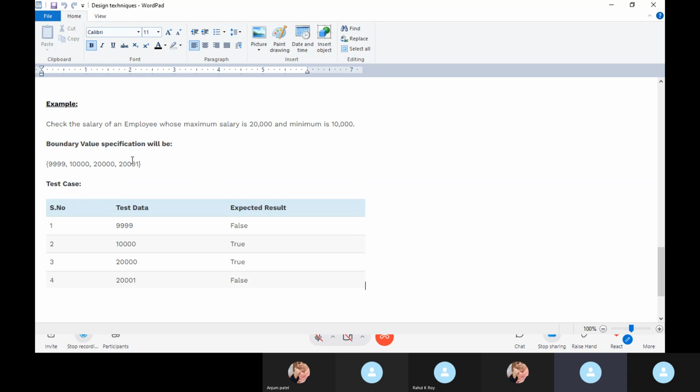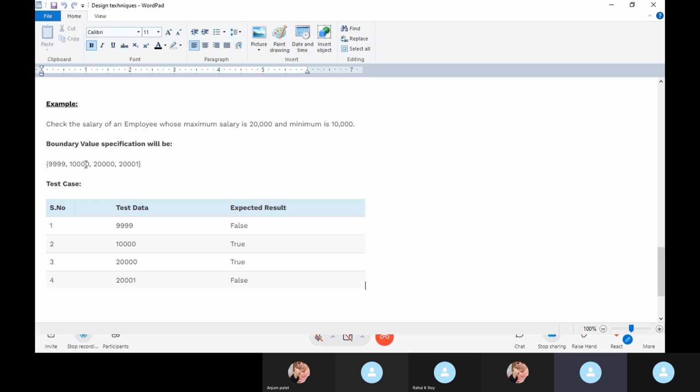And what if it is greater than 20,000, like 20,001? The first data are the positive scenario, and these are the negative scenario. Minimum and maximum, we have a range, so we also have to test the application below the minimum and above the maximum.